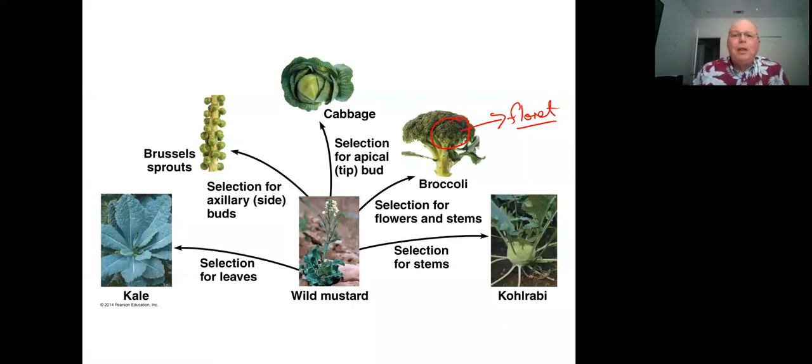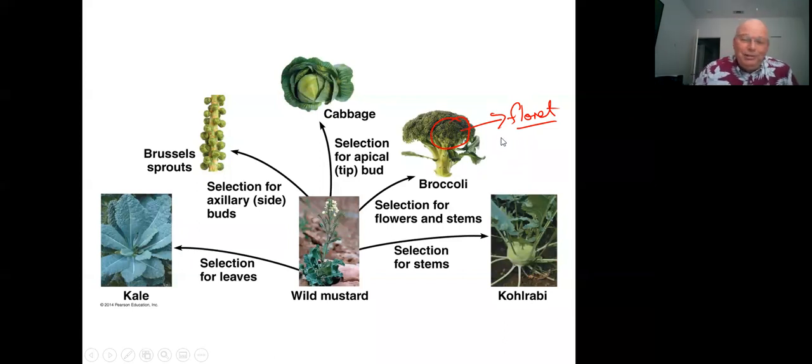So this is a lot of tiny little flower buds. Cauliflower you could think of as kind of being a broccoli with the absence of chlorophyll in the buds. And broccoflower is simply broccoli and cauliflower that have been bred together to give a hybrid.